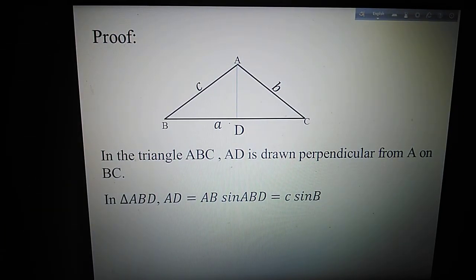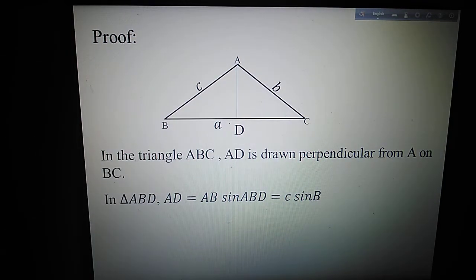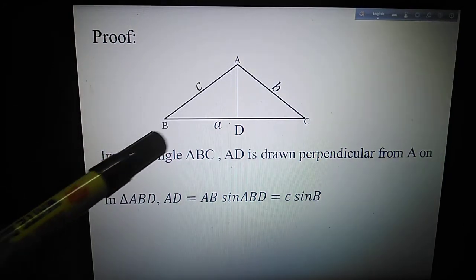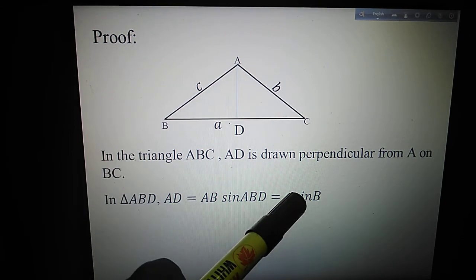We know AD by AB is sine theta, that means here sine ABD. So we can write AD equals AB sine ABD, and you know the length of AB is c. That's why instead of AB we write c.